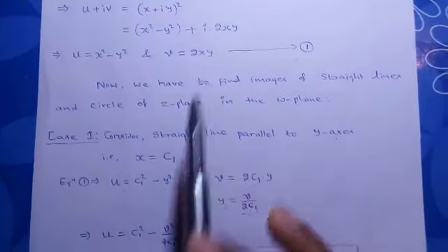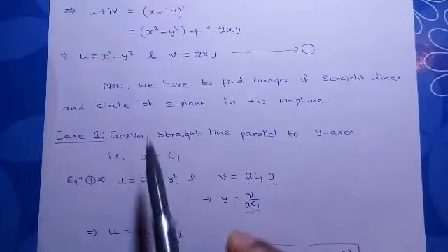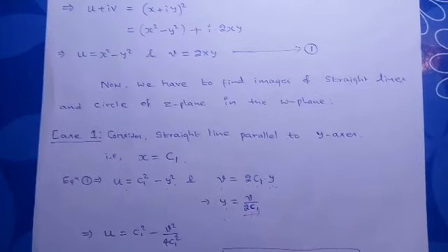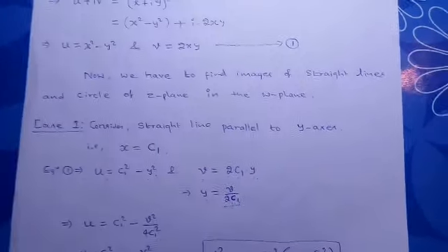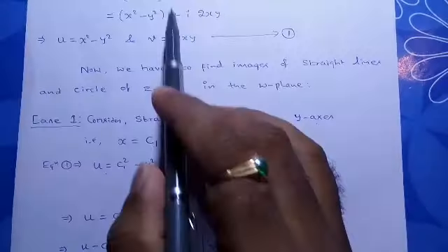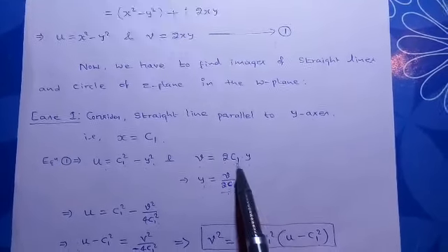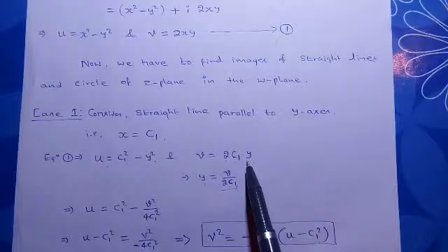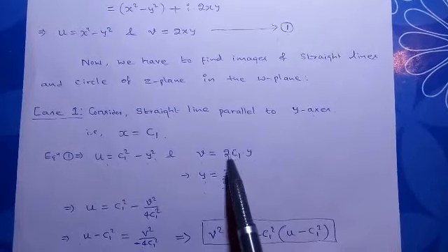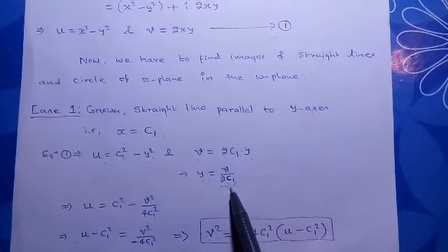Substitute into equation 1. We get u equals c1 square minus y square, and similarly the other equation v equals 2xy. Substitute x equal to c1, it becomes 2c1y. By this equation we can find the value of y. By cross multiplying 2c1 to the LHS, we get y equal to v by 2c1.